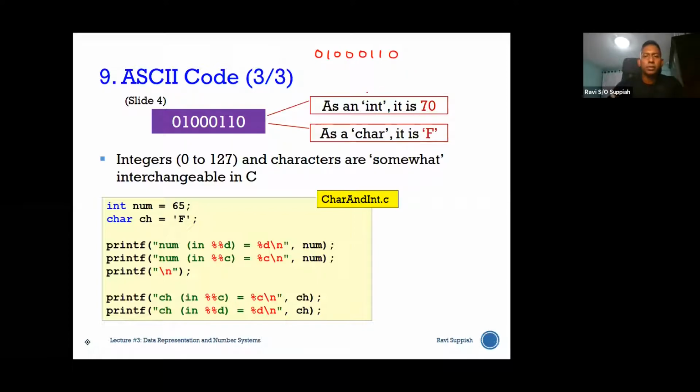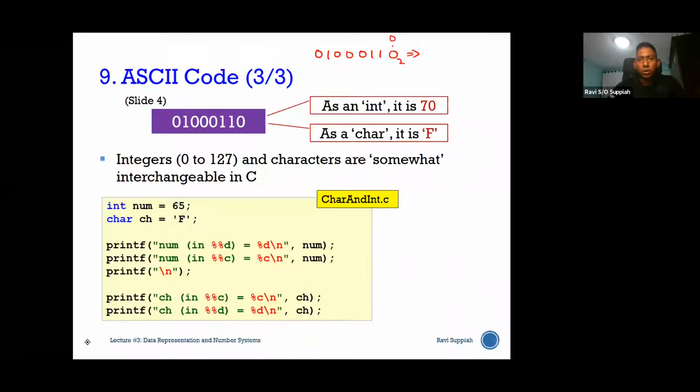Now if I treat this as an integer, that means this is base 2. I want to find the equivalent decimal value, so I focus on the bits that have a 1 in it. Again, why 1? Because anything times 0 will still give me 0 anyway. So let me just write the bit positions here, then it's easy to interpret.